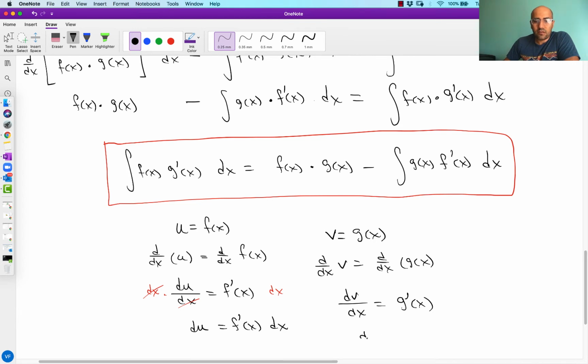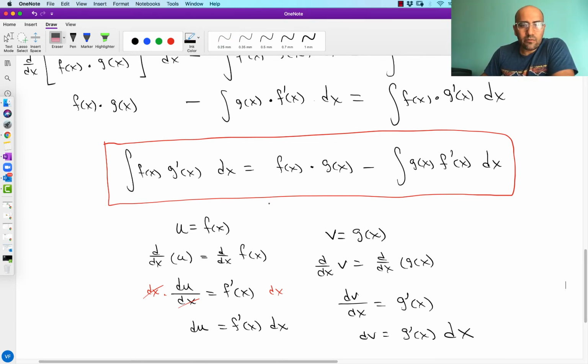And so dv is going to be equal to g prime of x dx. Okay, and so now we have everything we need to make substitutions here.